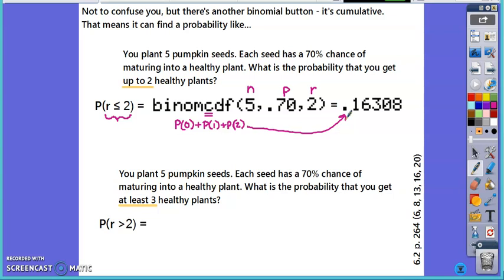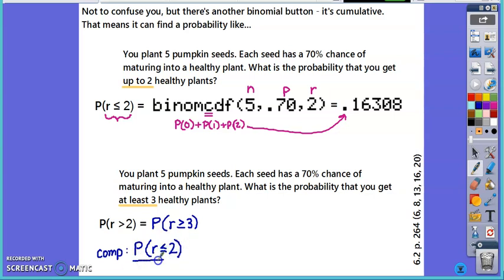It gets a little tricky if I had a question like this, if I wanted to know at least 3, which would be greater than or equal to 3. See, CDF doesn't work on this, so what we would have to do is figure out what the complement of that is. And the complement of greater than or equal to 3 is the probability of being less than or equal to 2.